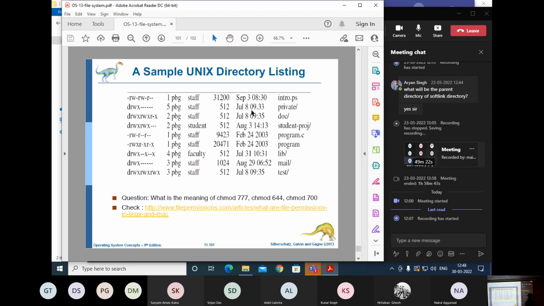R means they can read. What if they cannot read? Instead of R, you could write something like not-read, but instead, what they do is that the first character is always whether it is a directory or not.